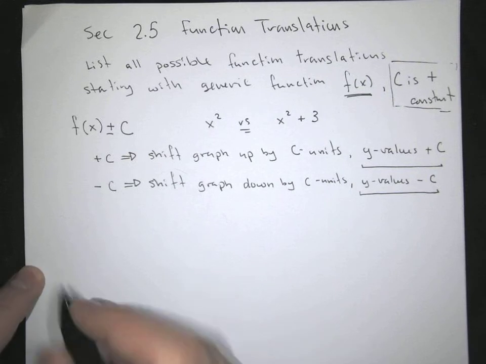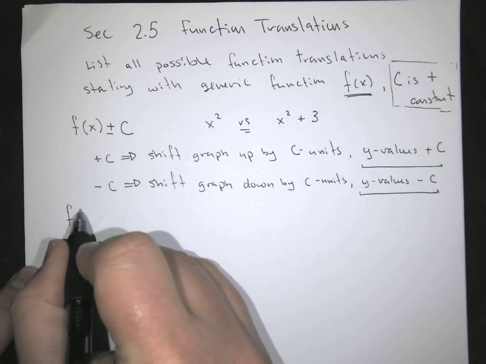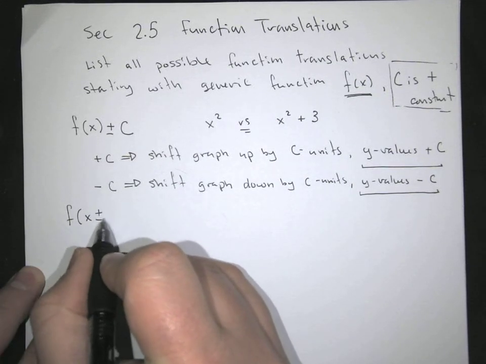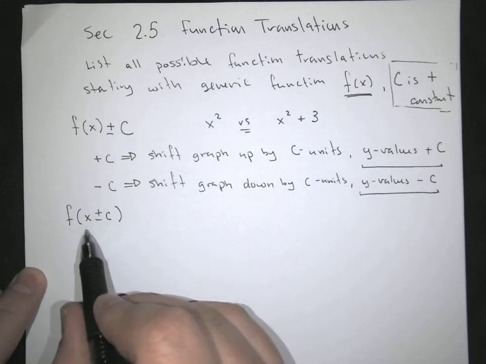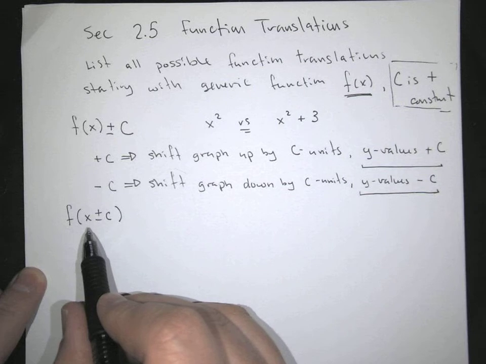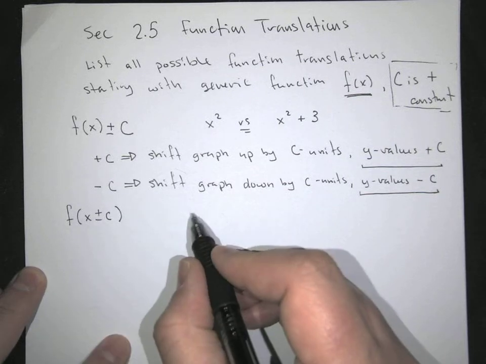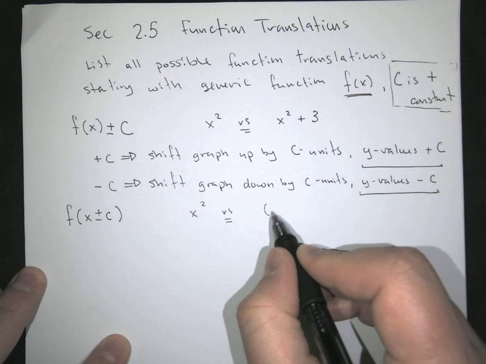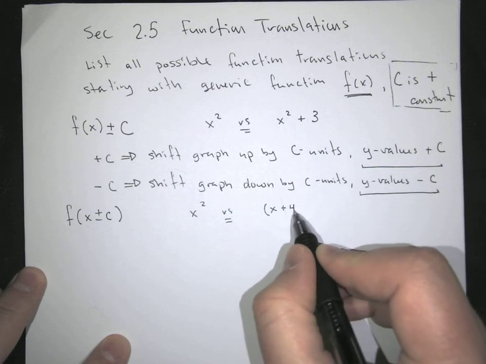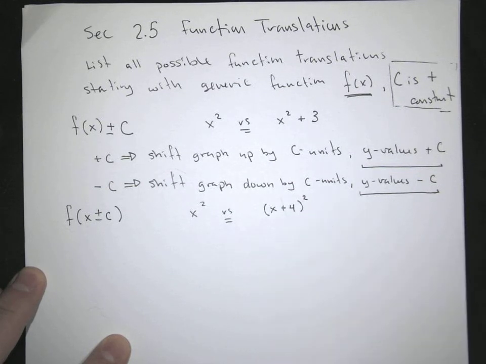The other place we can add or subtract is if we do f of x plus or minus c, meaning if we actually change the input value within the parentheses. This is the difference between x squared versus x plus 4, quantity squared.